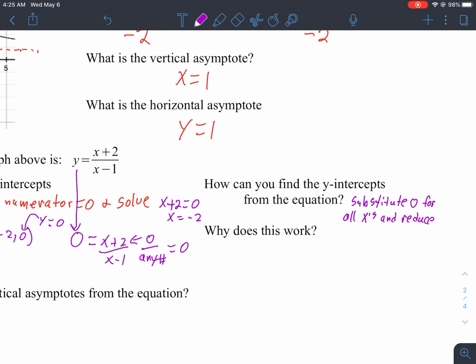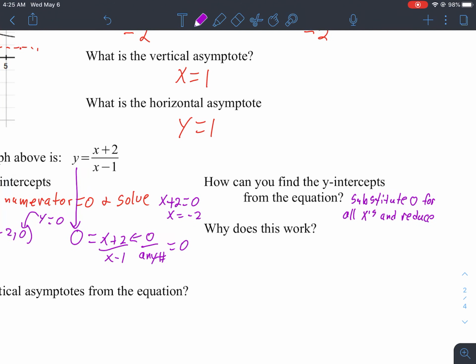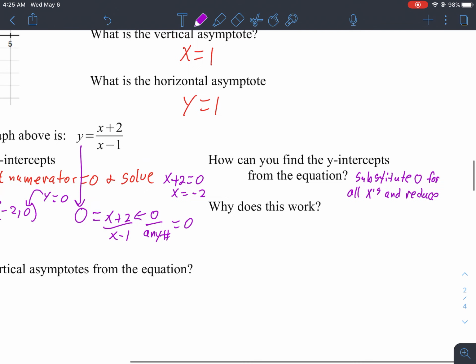The reason why this works, in our problem, the y-intercept is the point 0, -2. So in this problem, x equals 0. So if x is 0, you get a y-intercept.